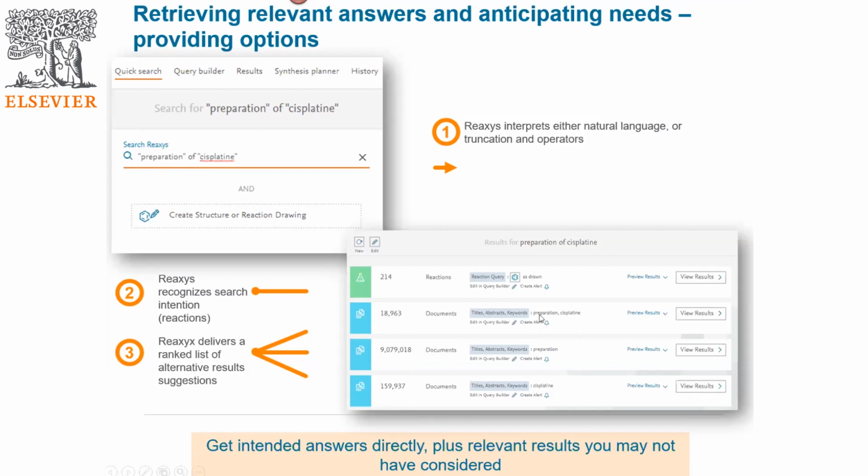In the first one, it tried to search with all words you mentioned, preparation and cisplatin. But it often may happen that you misspell something, and it can give you zero results. To avoid this, and to guide you on how to improve your search, Reaxys separately uses different words and word combinations and searches them in different databases. So here you see that there are 9 million documents related to preparation and 159,000 documents related to cisplatin.